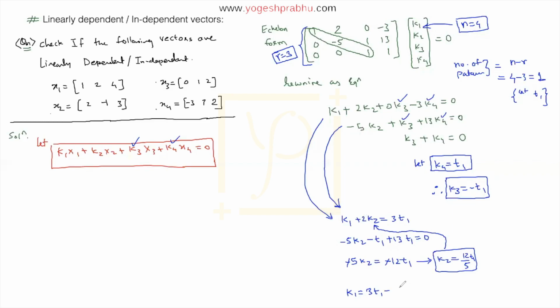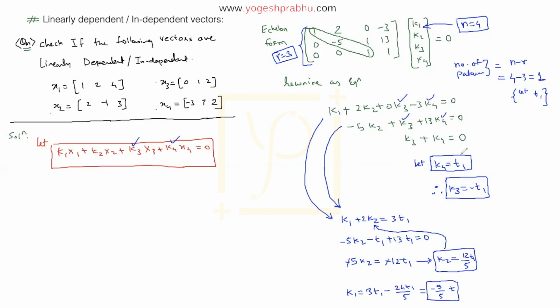So it will be minus 24 t1 by 5, and you simplify this number and you will get the value of k1 as well. That will be minus 9 by 5 t1. 5 3s are 15, and 15 minus 24 would give you minus 9. Oh, that's correct. So k1 is equal to minus 9 by 5 t1.